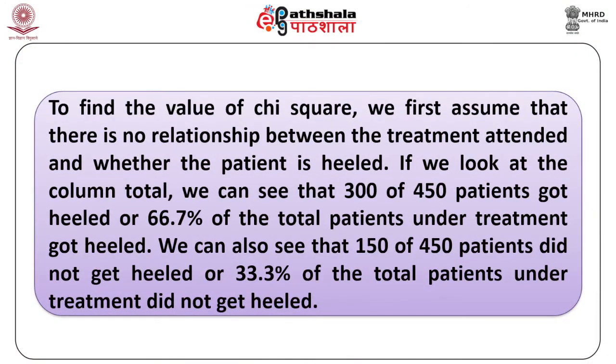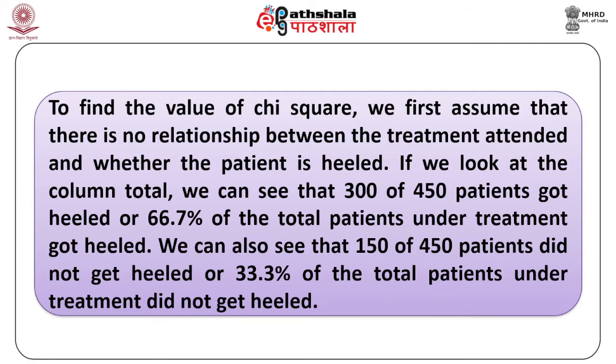To find the value of chi-square, we first assume that there is no relationship between the treatment attended and whether the patient is healed. If we look at the column total, we can see that 300 of 450 patients got healed, or 66.7% of the total patients under the treatment got healed.